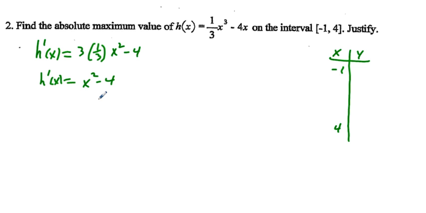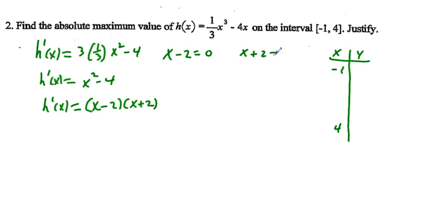Factoring, h prime of x equals quantity x minus 2 times quantity x plus 2. We set each of these equal to 0: x minus 2 equals 0 and x plus 2 equals 0, so x equals positive 2 and x equals negative 2.